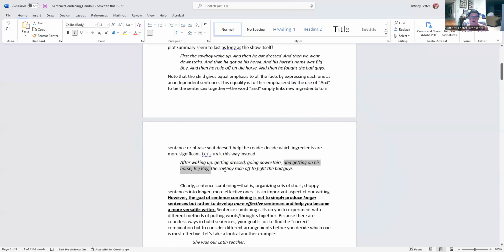The cowboy rode off, and then he fought the bad guy. To fight the bad guy. Right? We didn't take every single word from this sentence or every single word from this sentence. We just took the main idea and combined all of those ideas into one single grammatically correct sentence.